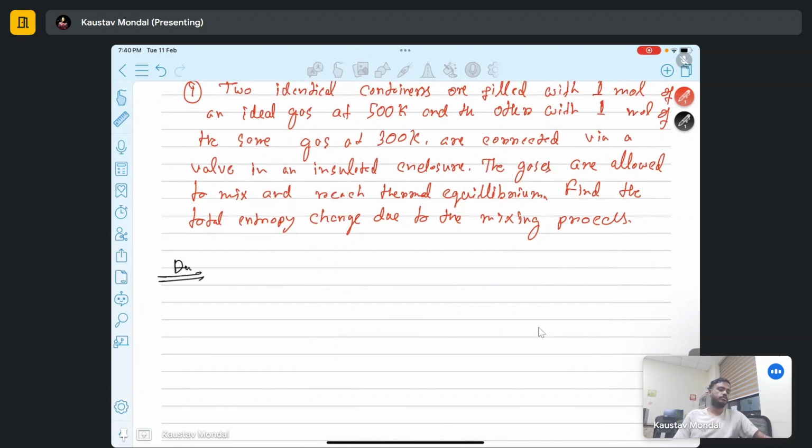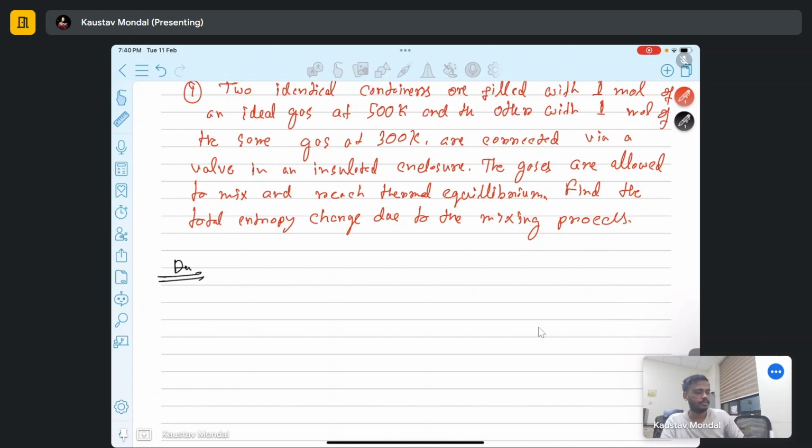So the answer is: first, what I have to do is calculate the final temperature, right? Suppose two liquids at different temperatures are mixed, one a bit hot, one a bit cold. By thermal equilibrium they will reach a final temperature. Similarly, when two gases are mixed they will reach a final temperature.